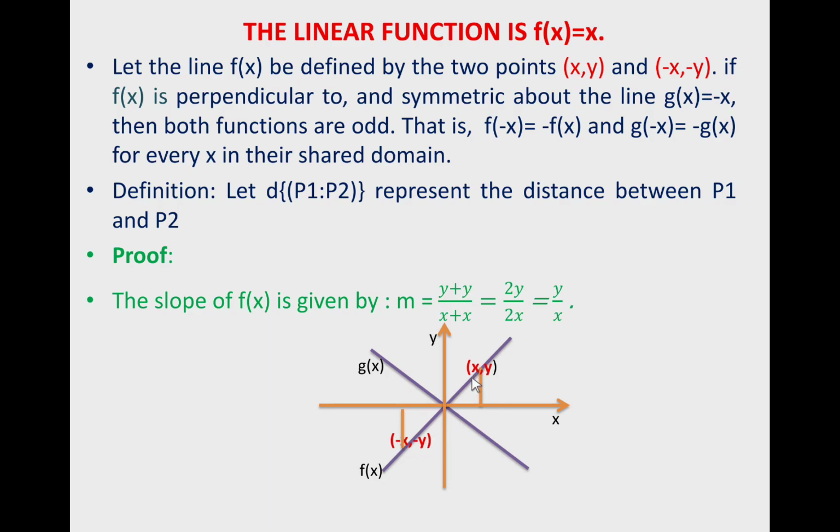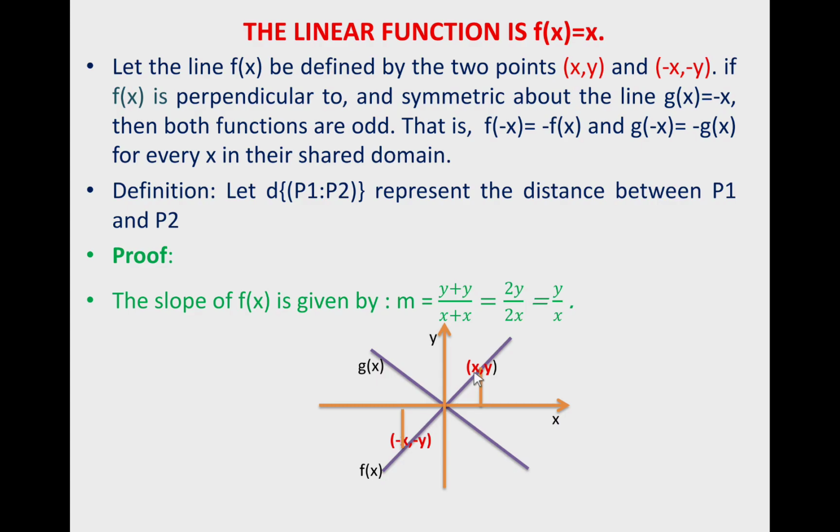We know that wherever x comma y moves along tracing f of x in the first quarter, then negative x negative y will be, along with x comma y, equidistant from g of x. That is, if x comma y moves further away, negative x negative y will move further away by the same distance. If x comma y comes closer to the origin, then negative x negative y will also come closer to the origin by the same distance.